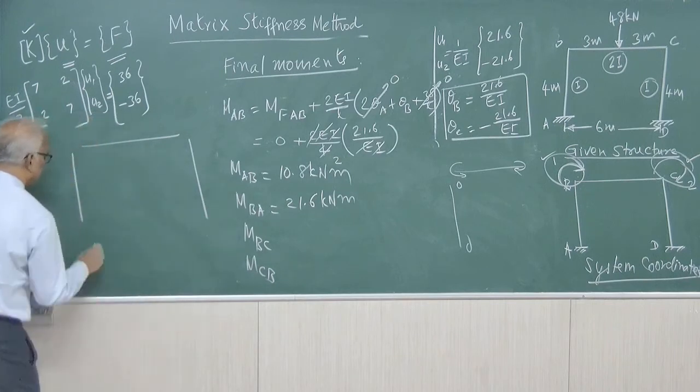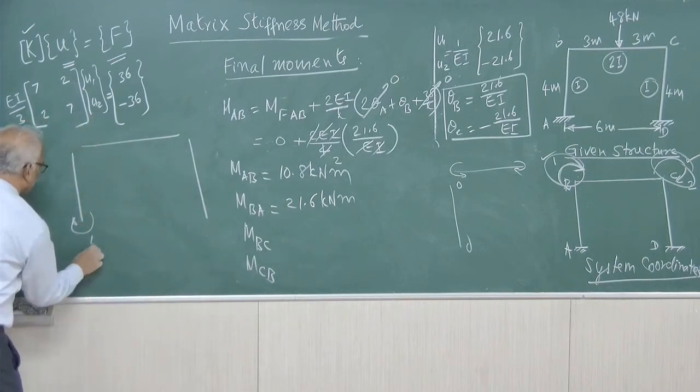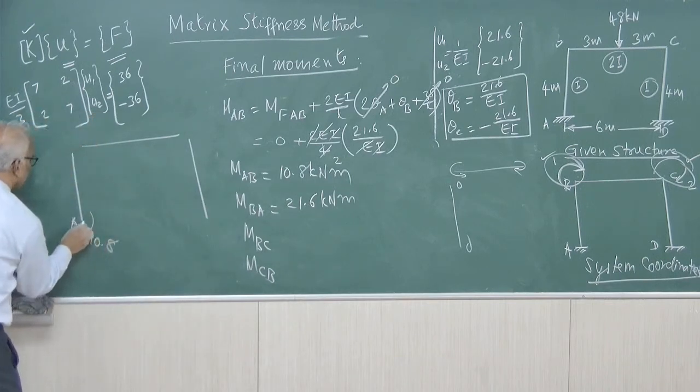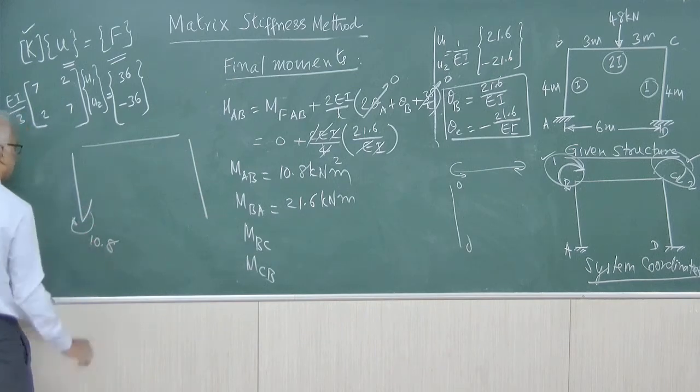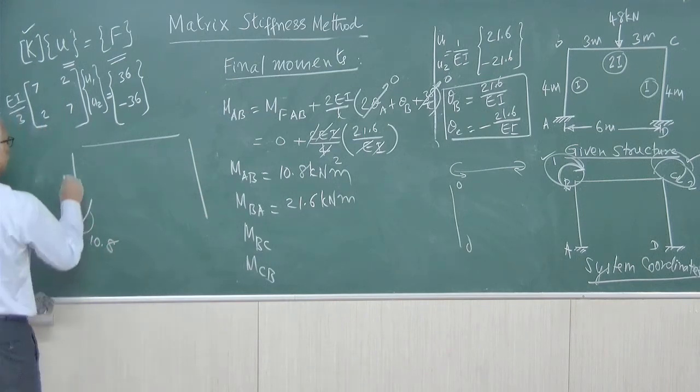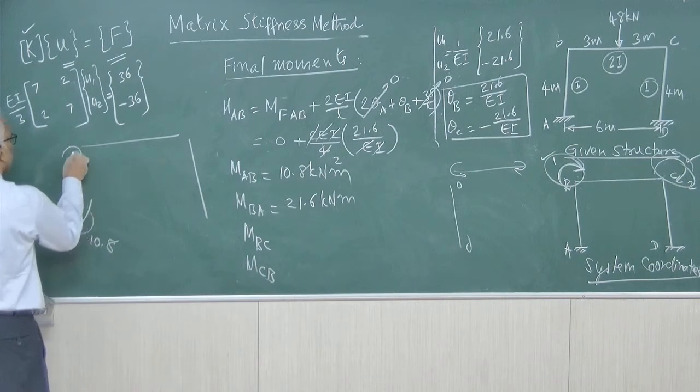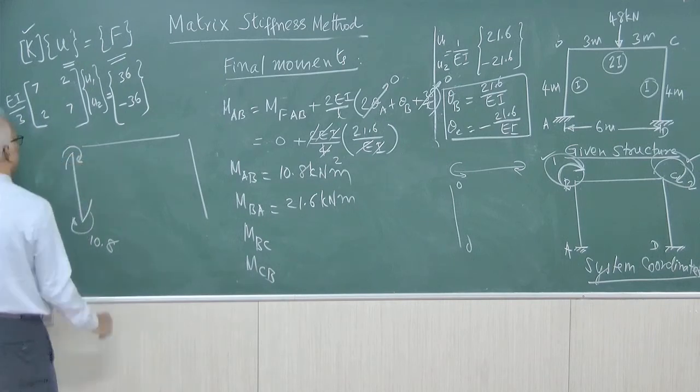It is 10.8 clockwise, 10.8. Therefore, tension will be on the inner side, and here it is 21.6. This is clockwise, therefore tension will occur on the outside.